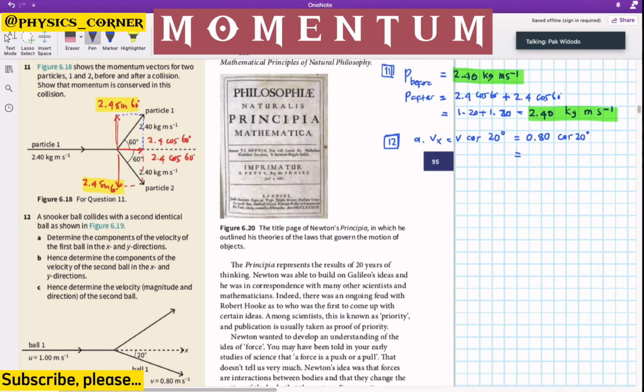It's about 0.75, yeah, we get 0.75 meter second minus 1.